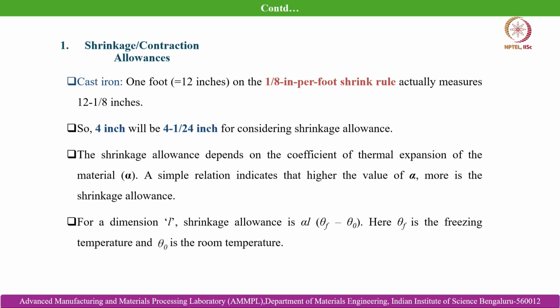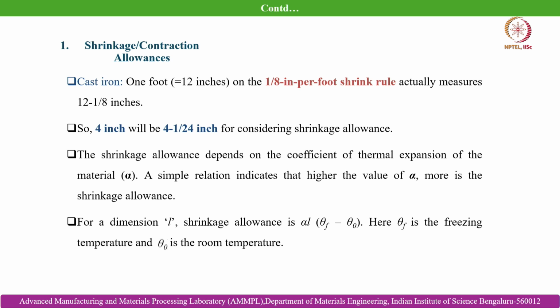So, for a dimension L, the shrinkage allowance is alpha L (theta f minus theta 0), where theta f is the freezing temperature and theta 0 is the room temperature. So, it is talking about the solid shrinkage. That can be adjusted by this much shrinkage allowance.